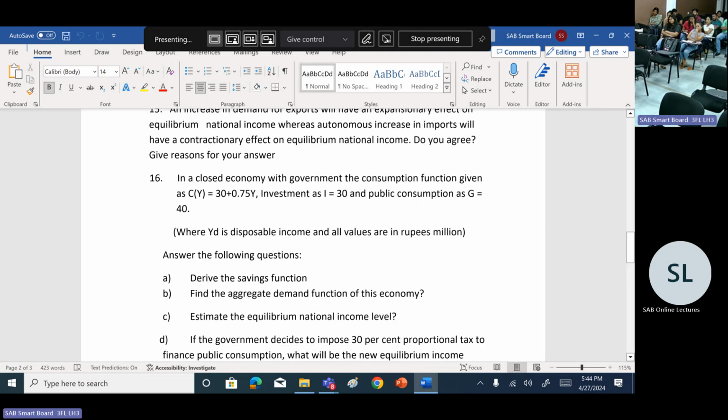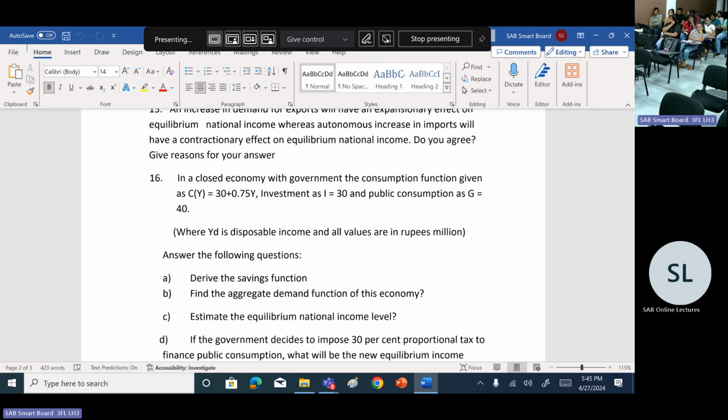You need to add C plus I plus G. We have the information from the national income calculation. When we are doing these questions, by looking at the model, here it says closed economy, we have to take the closed economy model.